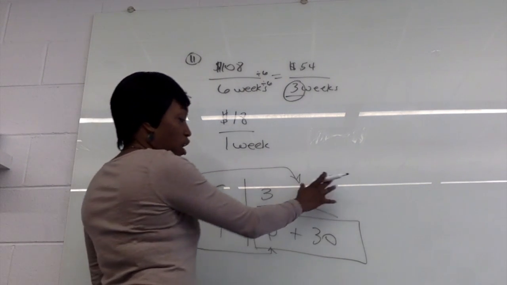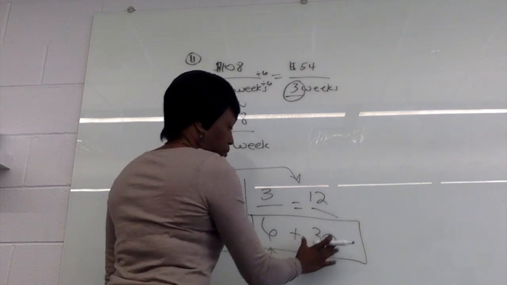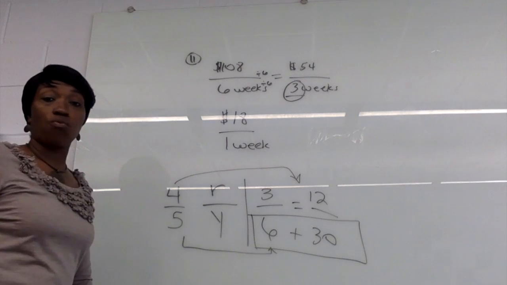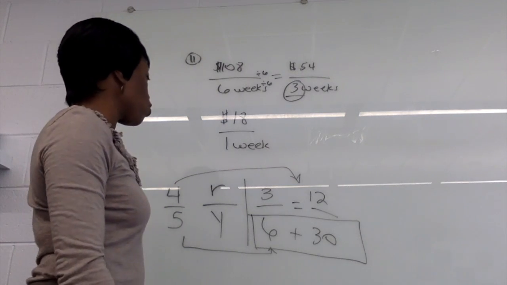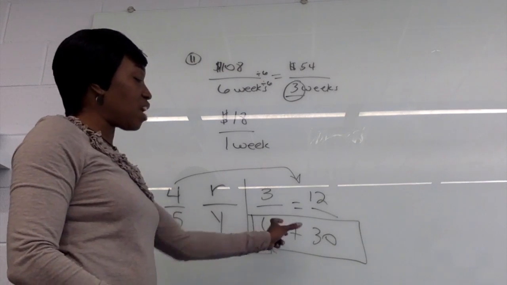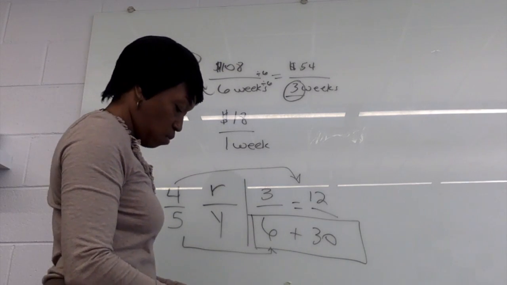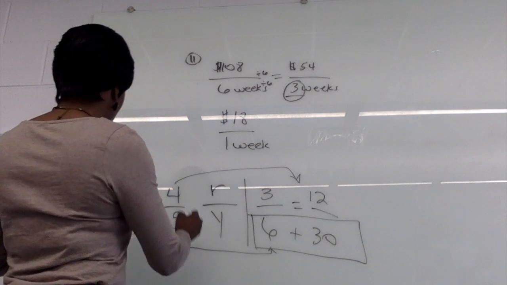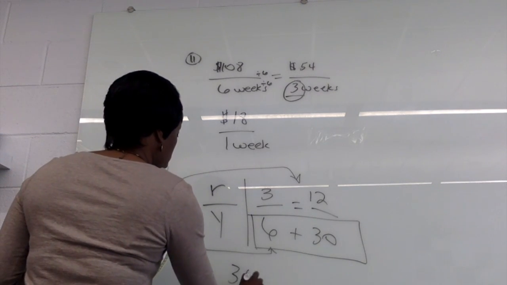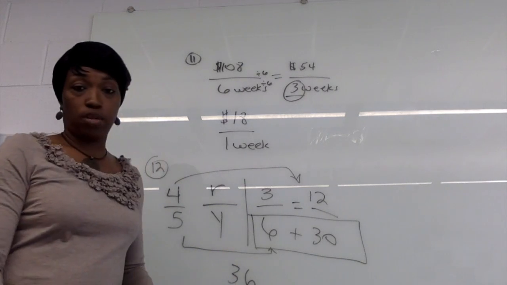So the 4 to 5 ratio left us with 30, and he had already eaten 6 of them. They're asking us for the original, so we're going to go back and add the 6 that were eaten by him so that we can see he had a total of 36 to begin with. So your answer for number 12 should be 36 yellow jelly beans.